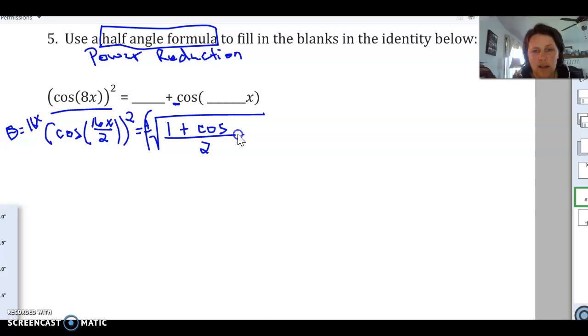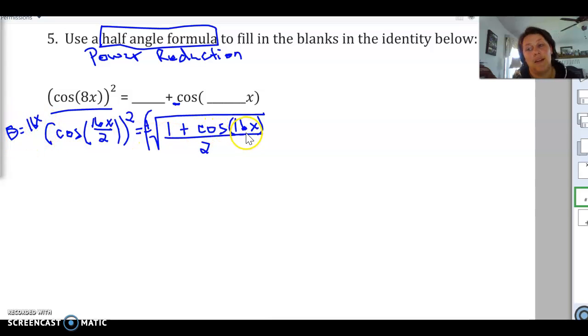This theta is now 16x. We need to make sure that those match up. That's why I wrote this theta out in front, so that I would remember to write it there. A lot of good that did me. Okay, and that matches the inside of our parentheses. Also notice that we are squaring our half angle identity.